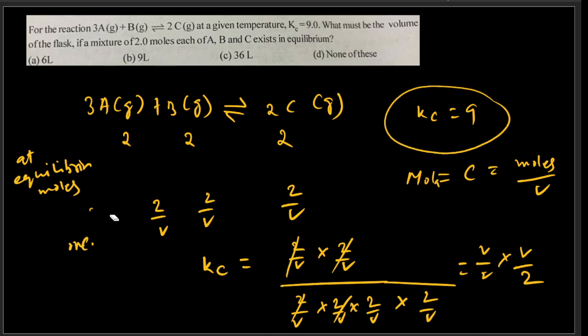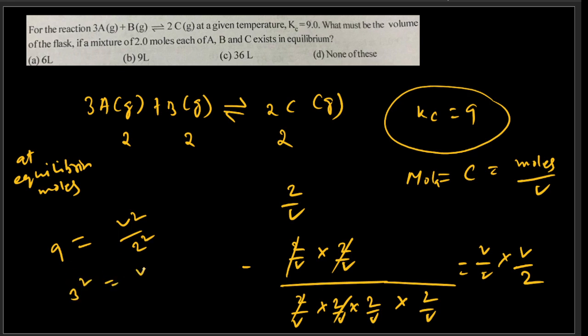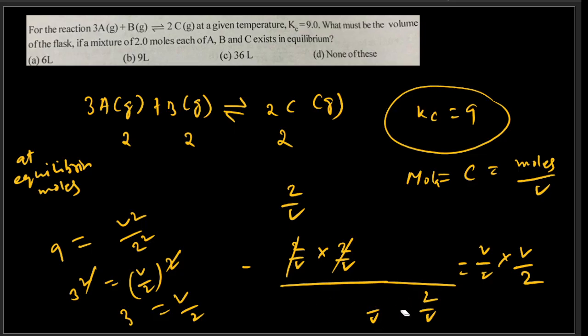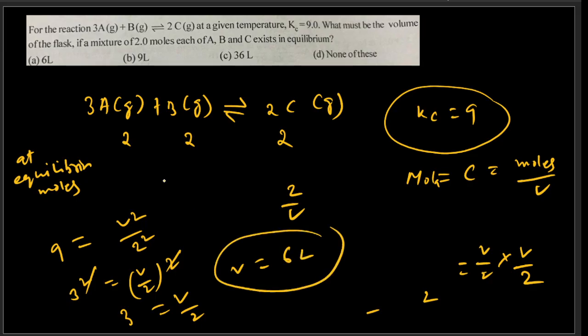So 9 equals V square by 2 square, that is 3 square equals V by 2 whole square, so the squares cancel. So 3 equals V by 2, so V equals 6 liters. So option A is correct.